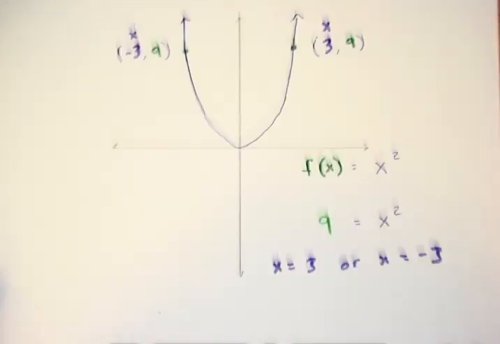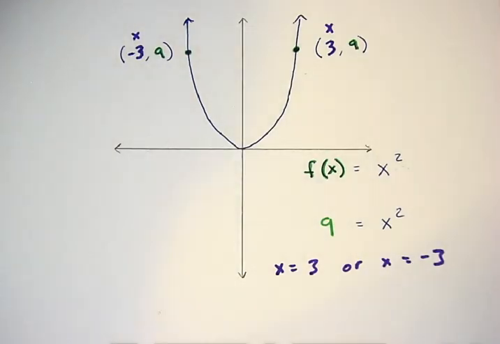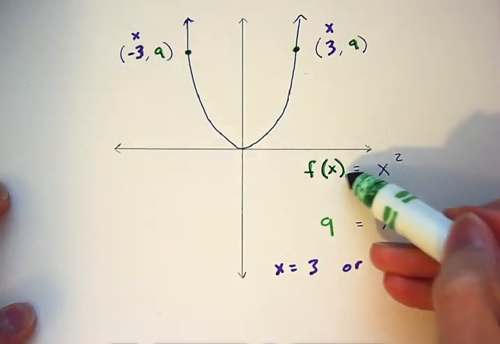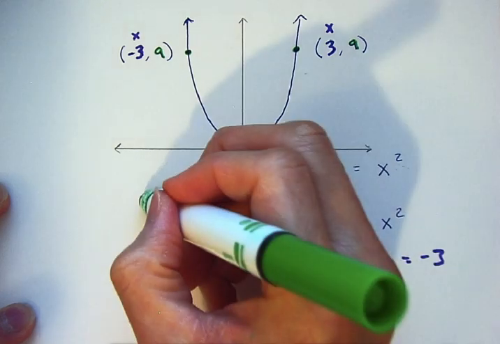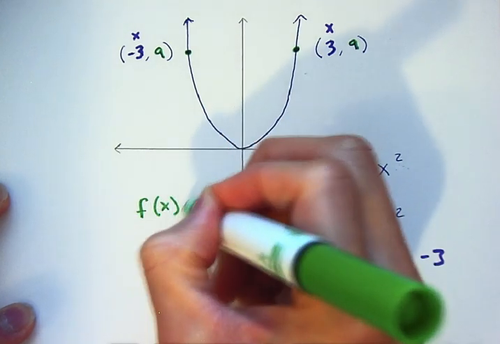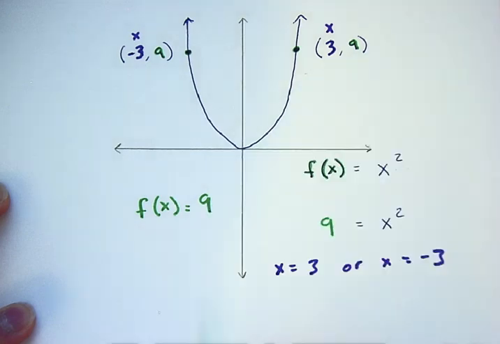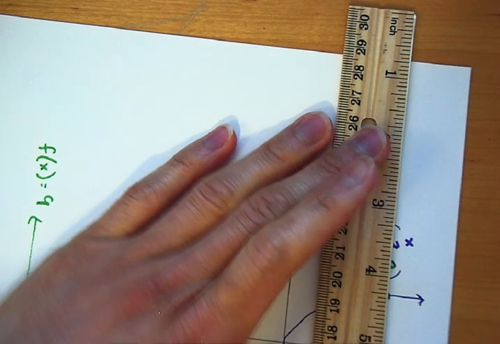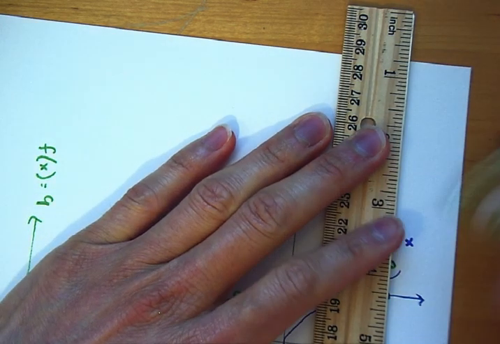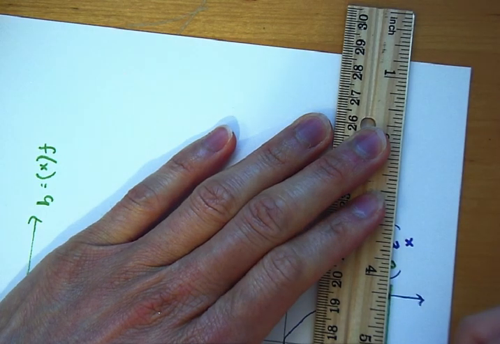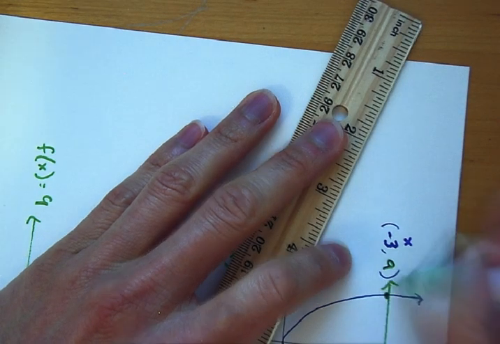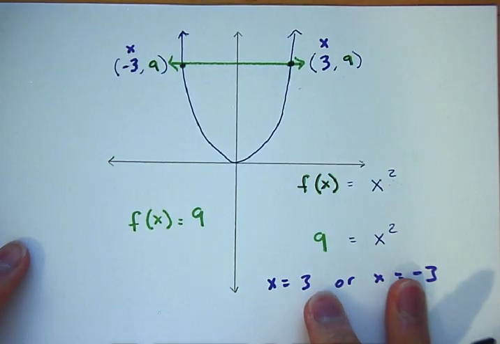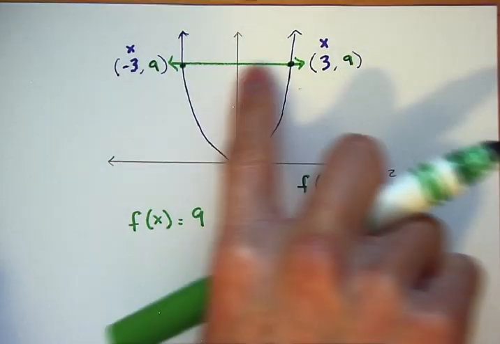Versus over here, using the same reasoning I just did with that line, to go from here to here, what I did is I changed my f of x into 9, or y equals 9. Once again, that is just a horizontal line at y equals 9.